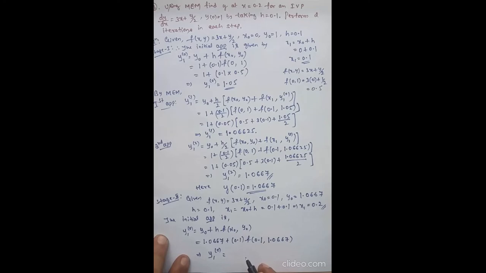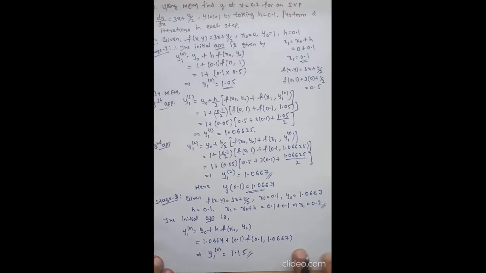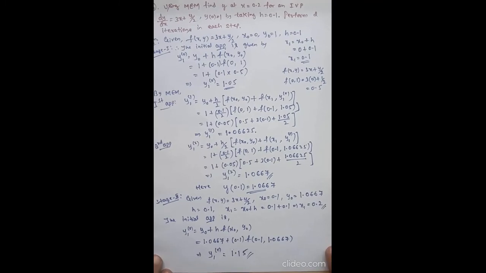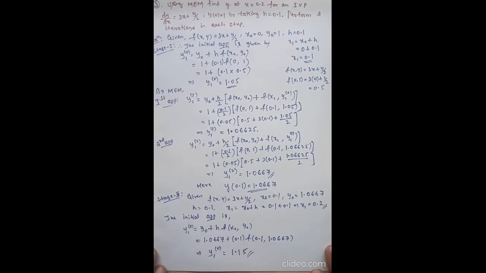If we calculate, the initial approximation for this problem is 1.15. So this is the initial approximation. Now with this initial approximation, let us calculate the two iterations. We will do it using the modified Euler's method.